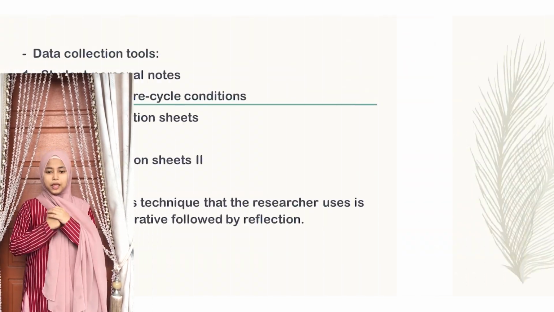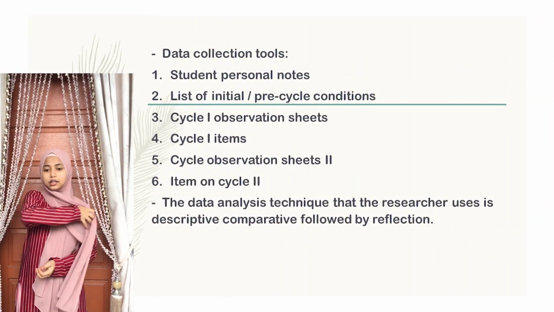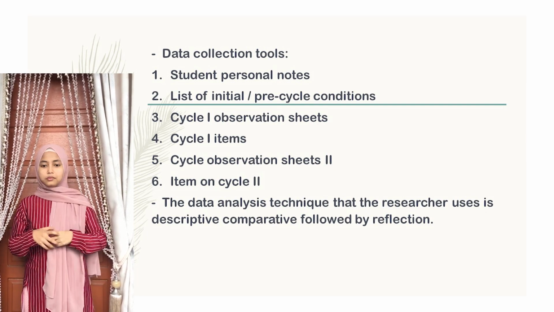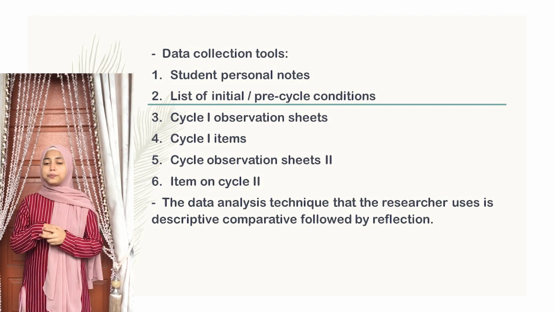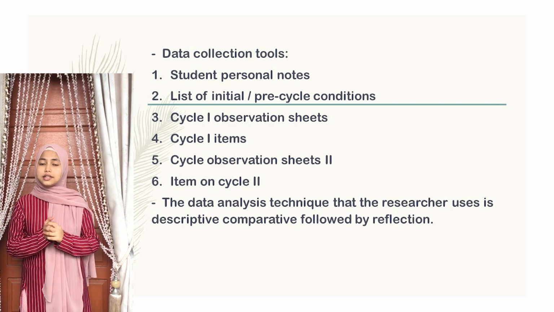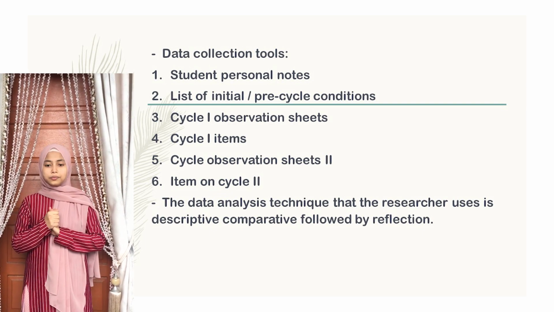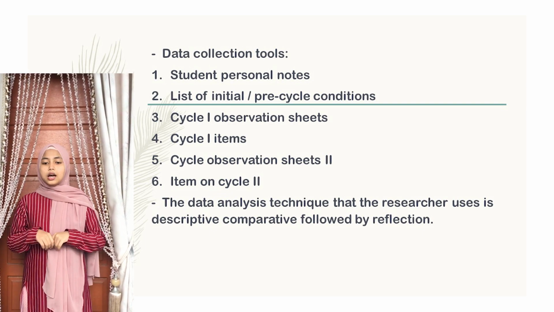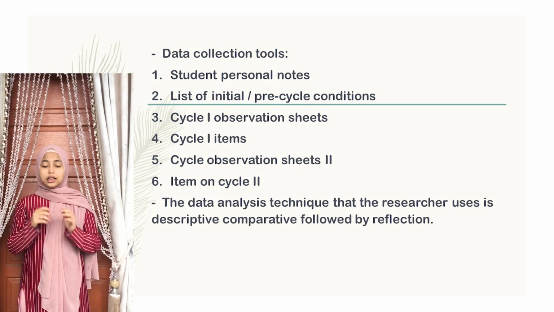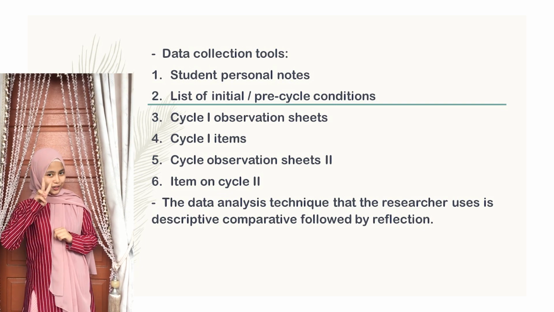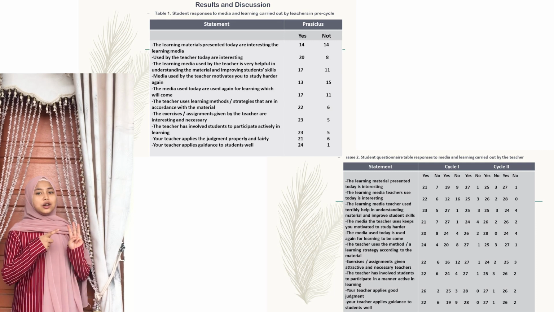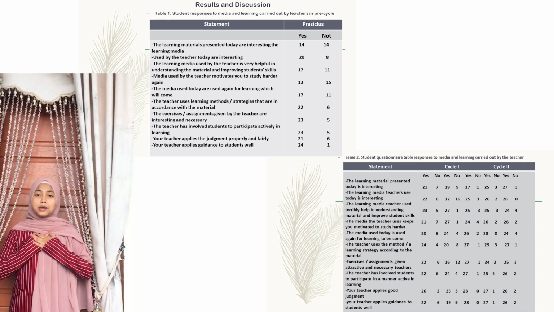And the data collection tools: one, student personal notes; two, list of initial or pre-cycle conditions; three, cycle 1 observation sheet; four, cycle 1 items; and five, cycle 2 observation sheet and items on cycle 2. Okay, the result, discussion, and conclusion will be explained by my friend Miss V.